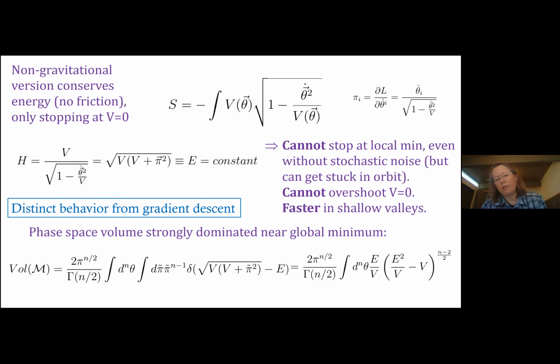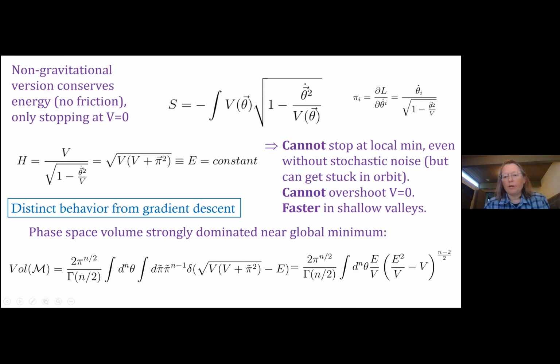Here, instead, we'll consider motion on the loss landscape in a physics context in which the physics is relativistic, where the speed limit squared, the analog of the speed of light squared, is the loss function itself. Okay, so this formula is the action whose variation gives the equations of motion, whose variation gives the analog of F equals ma in this setting.